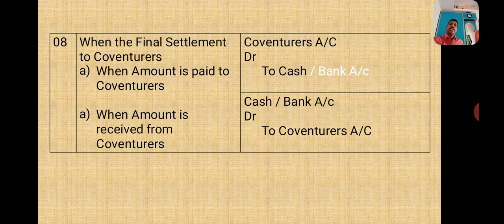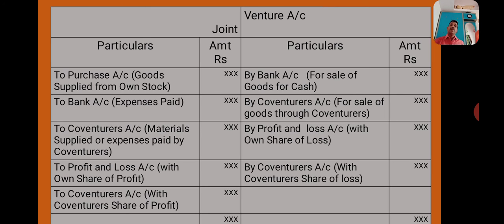Okay, let us have a glance at the ledger accounts. So joint venture account. Okay, see the specimen of joint venture account. Here, debit side and credit side. The joint venture account is debited with to purchase account for the purpose of goods supplied from one stock. That is from the co-venture whose books of accounts the joint venture transactions we are recording.